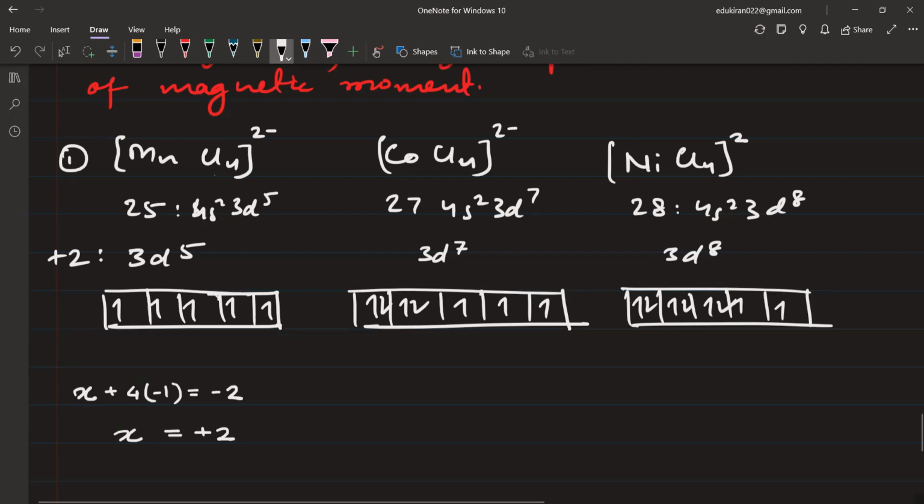Mn, right? And then cobalt and then nickel. Correct. So this will be the order of magnetic moment. Okay. Got it, guys? Yes or no? Yes, sir.